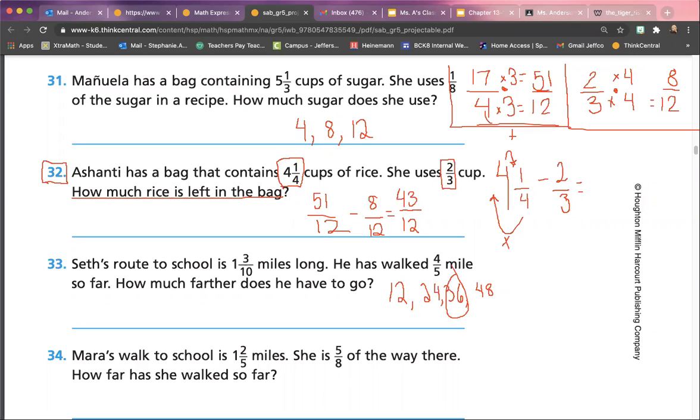You see that? Yeah. So 3 times 12 would give me 36. How many 12ths would I have left over? You do 43 minus 36, and it'll tell you how many 12ths are remaining. 7.